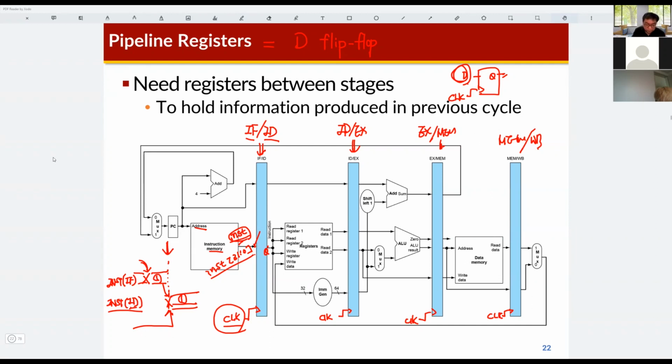That means in this clock period, at the next clock here, this instruction is given to the register file, and then the operands are read from this register file, at some timing here. Then it is sampled by the ID and EX pipeline register, the operand.